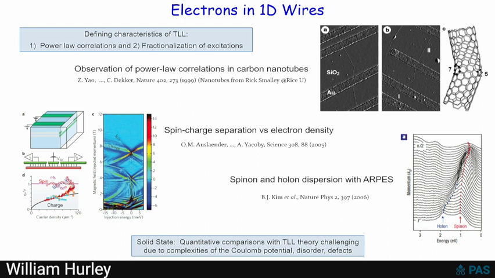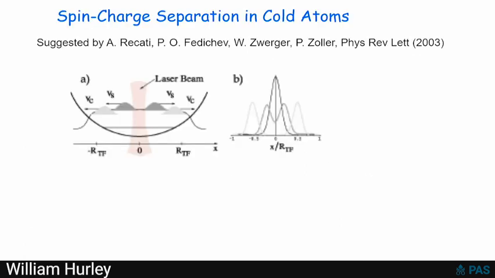So this is a phenomenon that's been seen before in condensed matter physics. There are a number of realizations. A few of them have been shown here. In cold atoms, Peter Zoller and his group, Alessio Recati are the principal authors in this work.